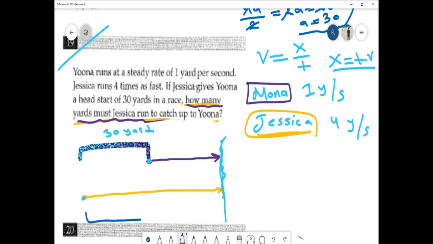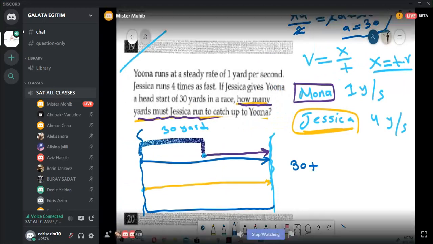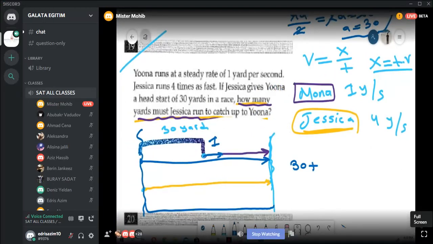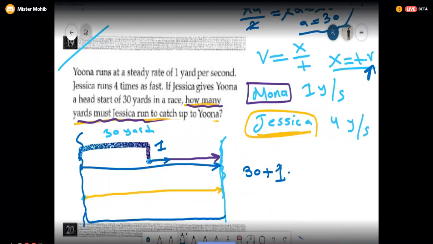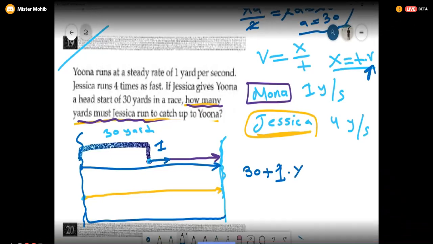When Jessica is starting from here, Mona will start from there. As you know, velocity equals distance over time, so distance will be equal to velocity times time. You can solve the question without using this, but with it, it will be much easier. It will take x seconds for Jessica to catch up to Mona.